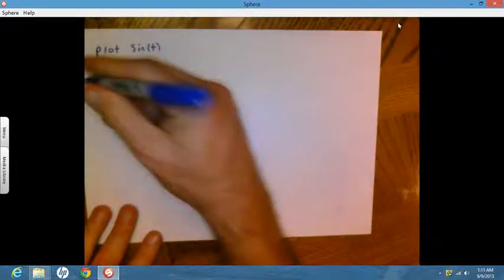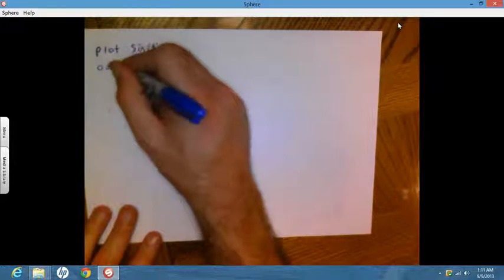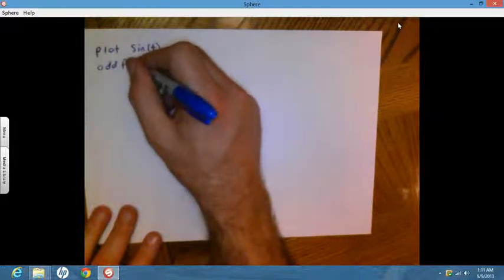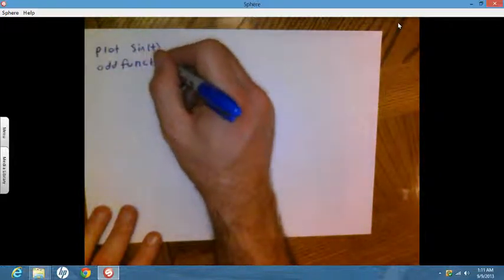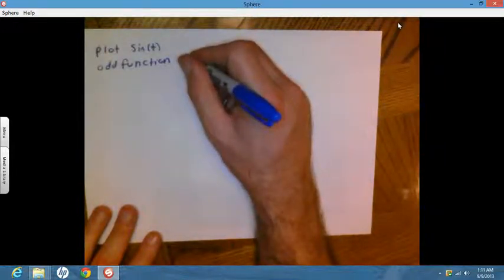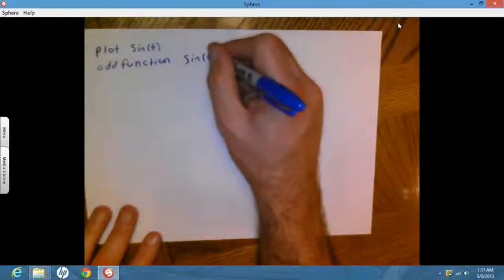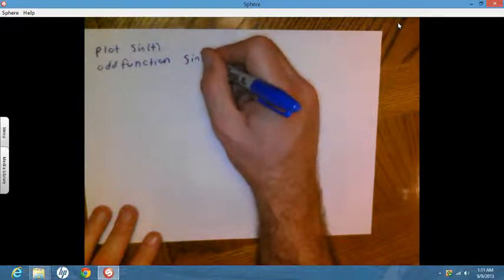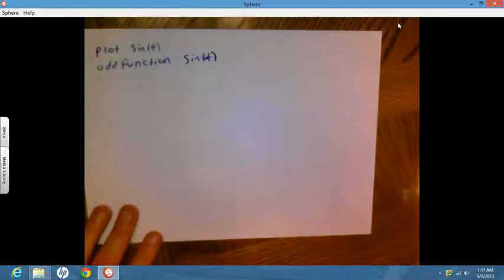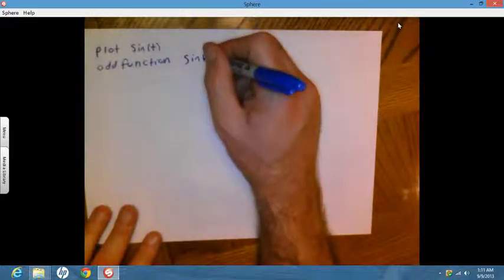And what the odd function means is that sine of negative t is equal to negative sine of t.